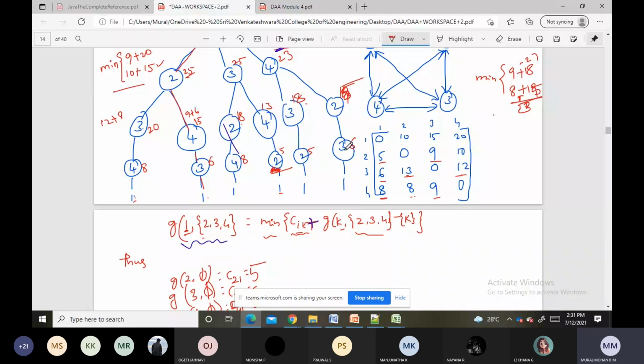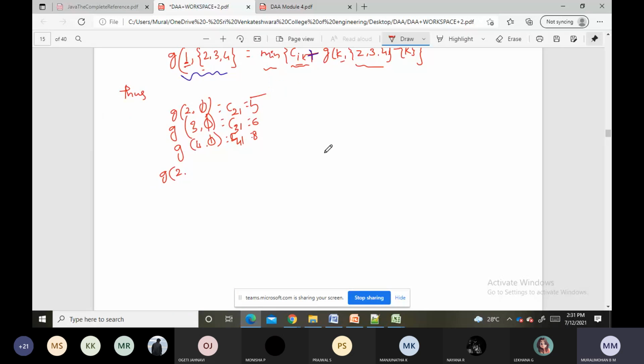Please observe here the mouse pointer. This is one path. Similarly, from 2 we should go to 4, then 4 to 1. Both we should consider. When we are at vertex 2, through 3 we can go and we should find this. Similarly, if I select 4, then we should find these two.